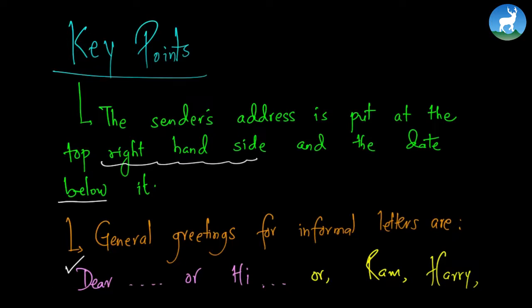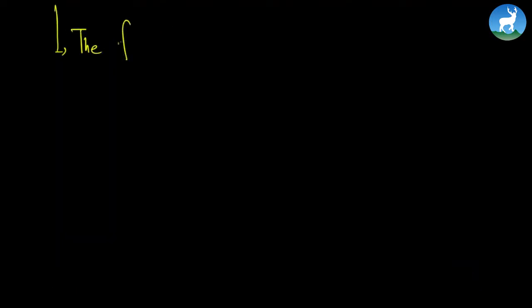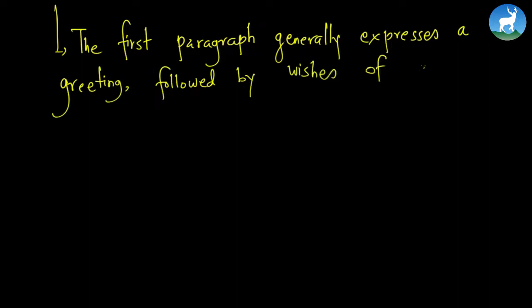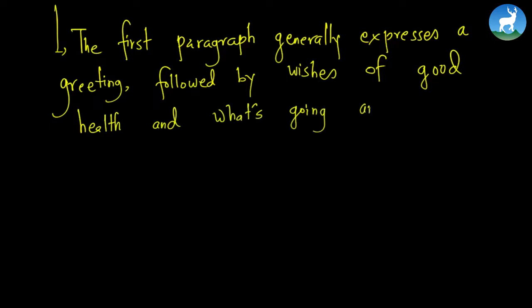Now, the first paragraph generally expresses a greeting followed by wishes of good health and what's going around. This is how the first paragraph should begin. It should express a greeting, something like hi, hello, how are you?